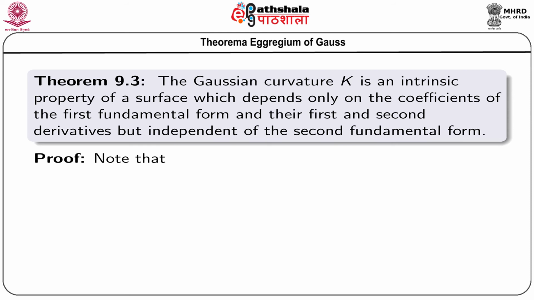So, in our earlier chapters we have defined Gaussian curvature as R1212 by A. So, in this theorem we shall prove that actually, why this Gaussian curvature is R1212 by A.